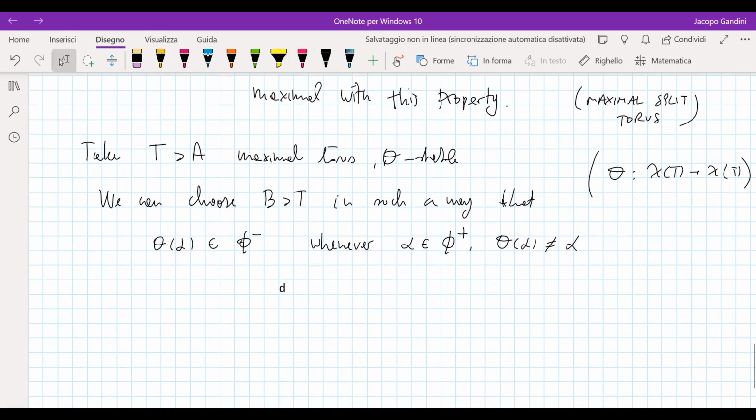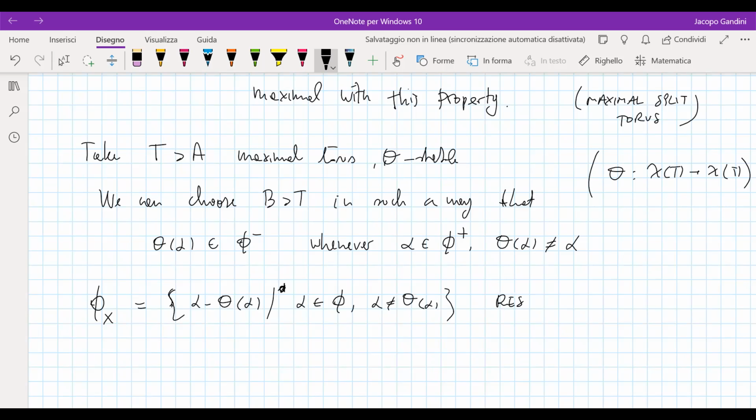Okay, and now we can define the root system. Phi_X is the set of characters of the shape alpha minus theta alpha, such that alpha is a root and alpha is different from theta alpha.